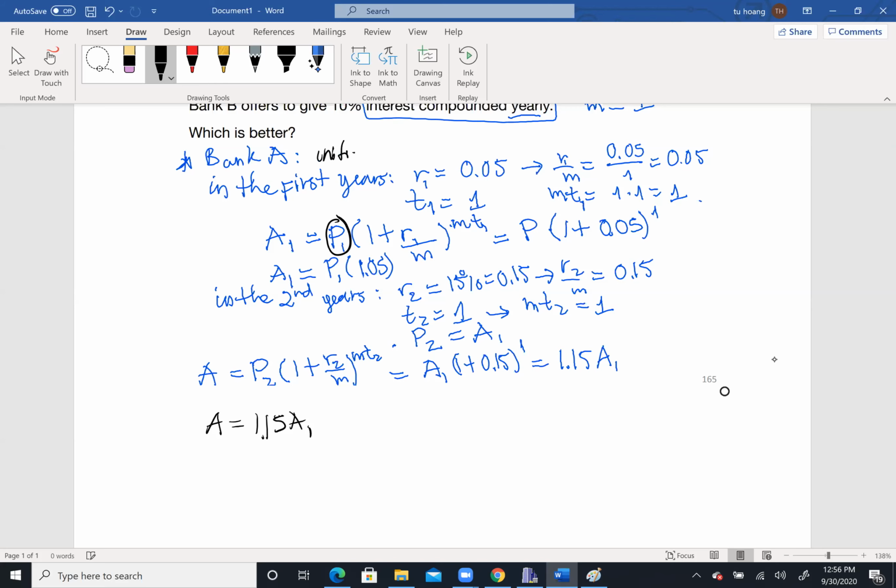Okay, and then I'm gonna substitute A1 by this guy into here. So I'm gonna have 1.15 multiplied with P1 times 1.05.